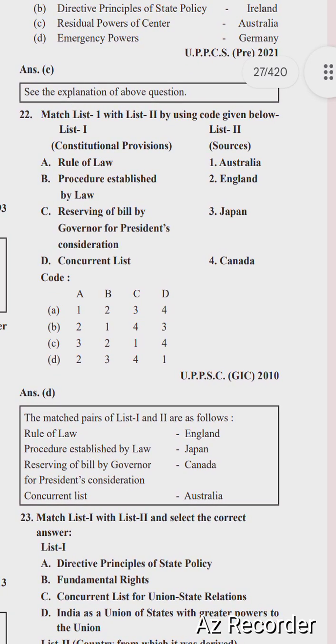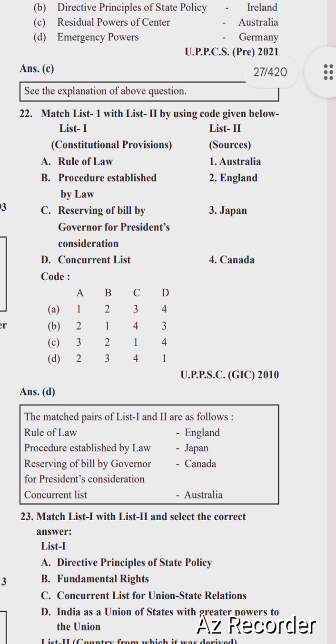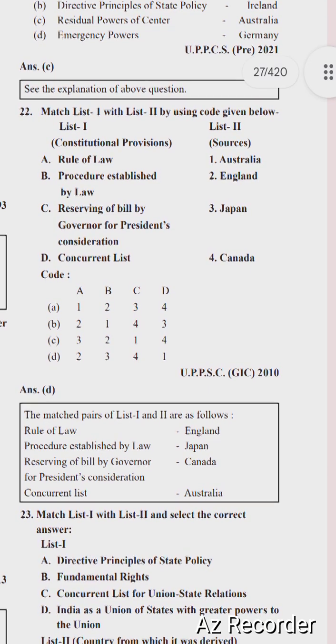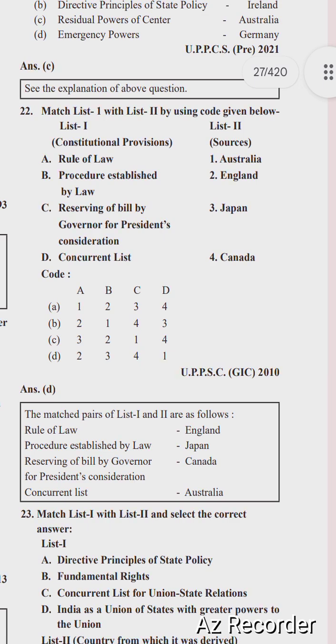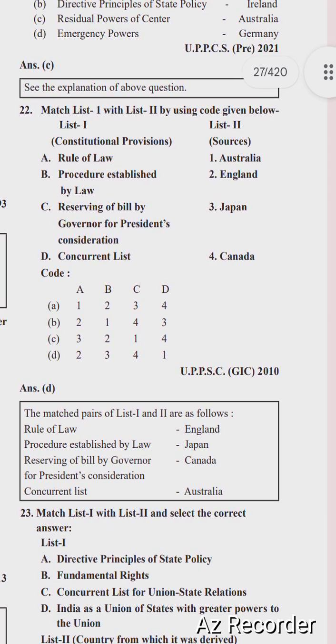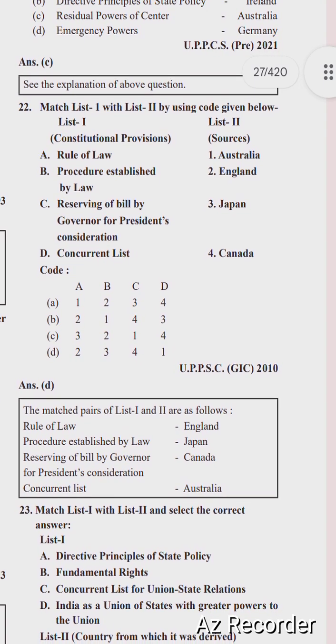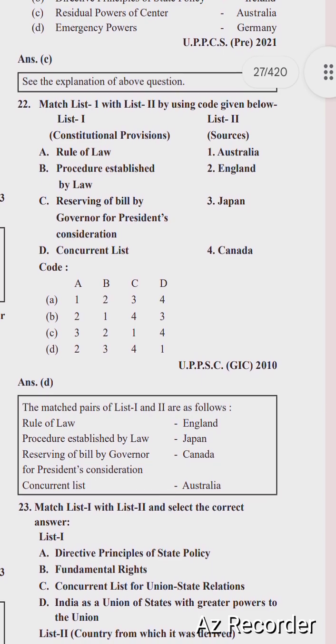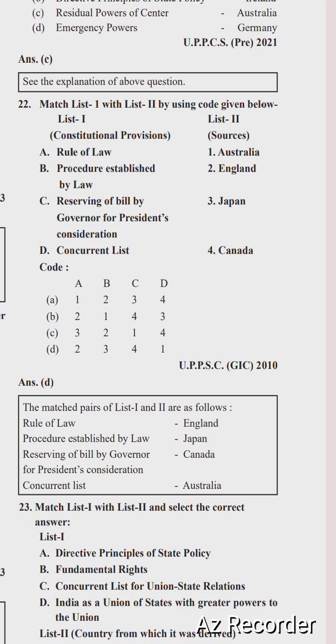So the next question is, match List 1 and List 2 using the code given below. Constitutional provision and source: rule of law, Australia; procedure established by law, England; reservation of bills by governor for president's consideration, Japan; and concurrent list, Canada.